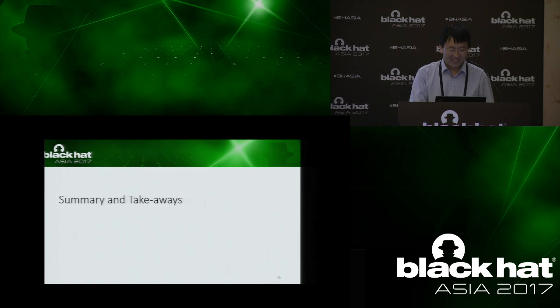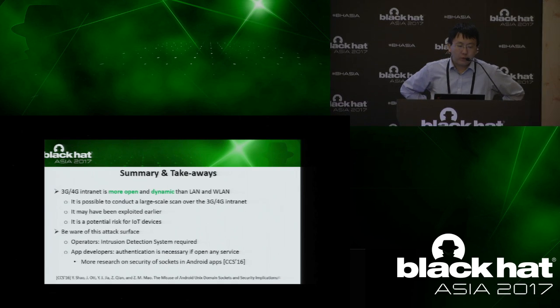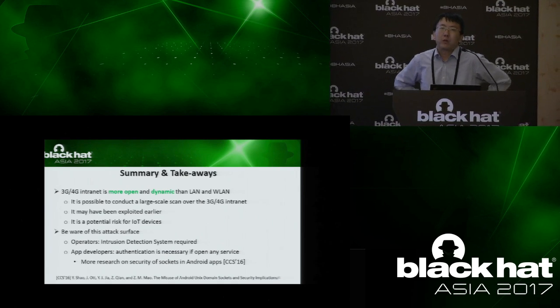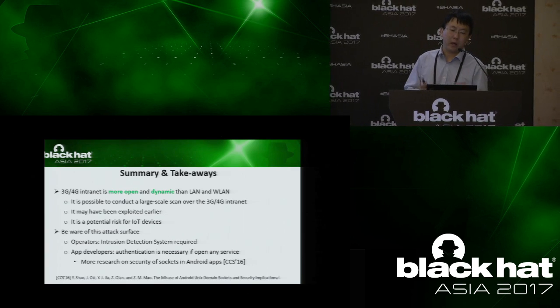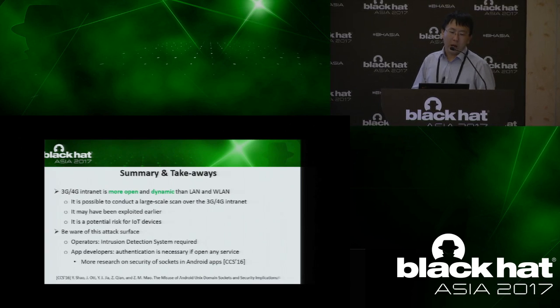Thank you, Zhangqing. So I guess you guys may be waiting for an early lunch, but I come again. Just several summary and takeaways for you guys using another few minutes. Compared to the traditional internet like local area network or wireless local area network, 3G, 4G internet is more open and dynamic.